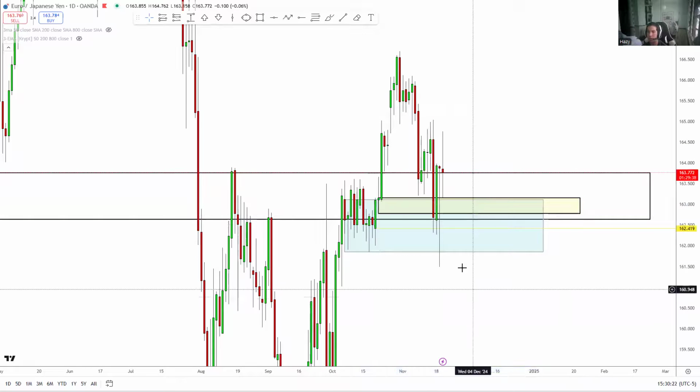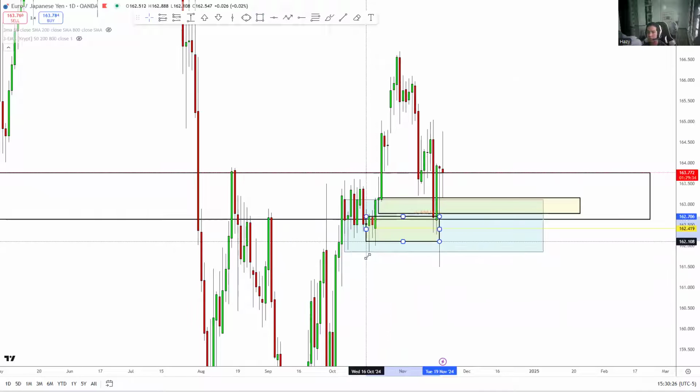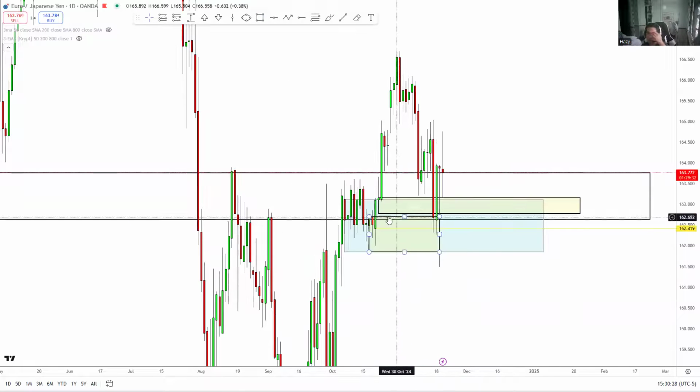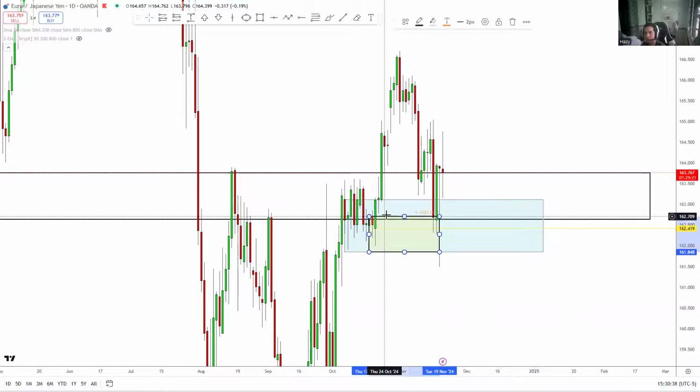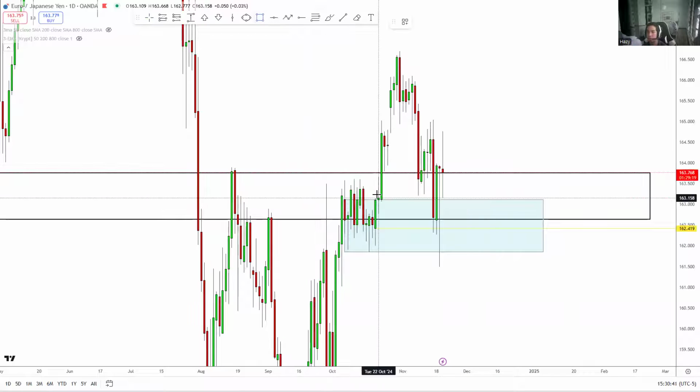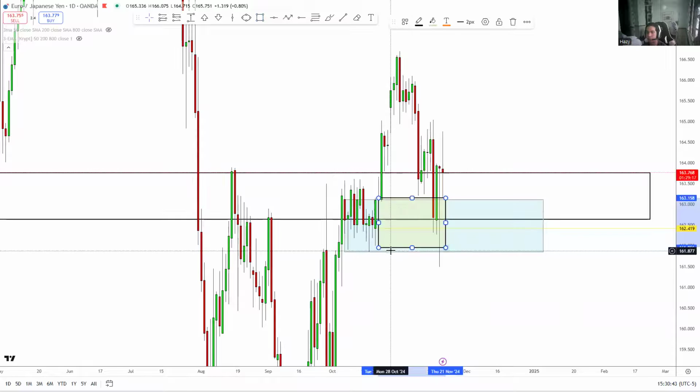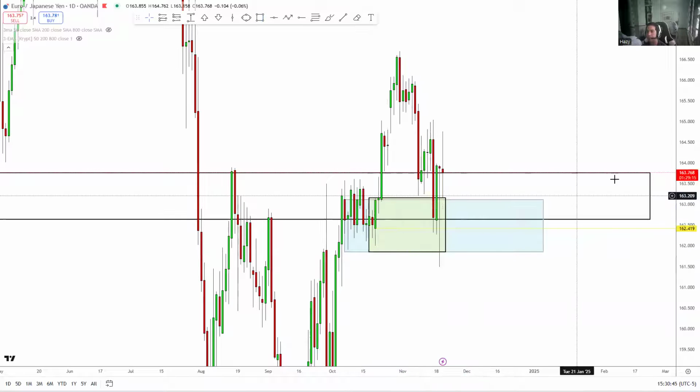You can highlight this zone and also this zone right here, but since it's pretty much the same zone, I'll just highlight the zone completely from here to here.